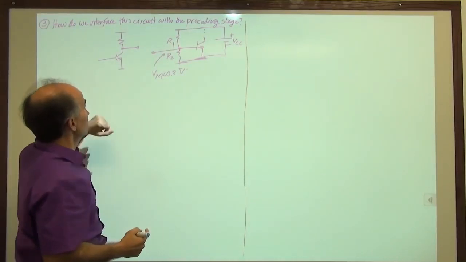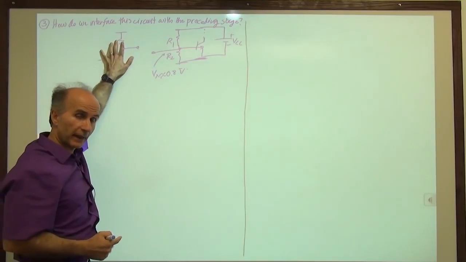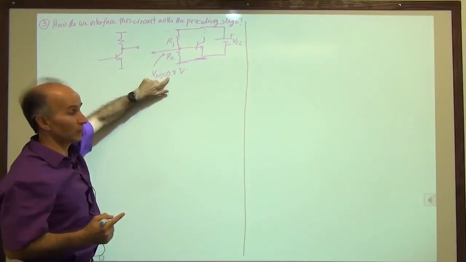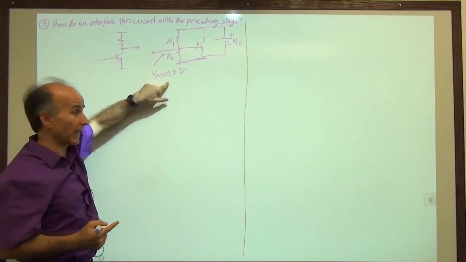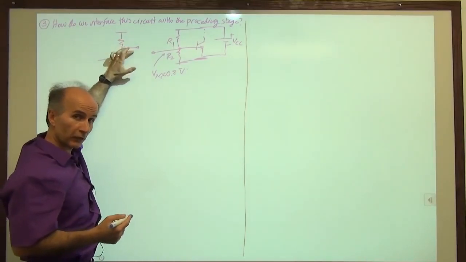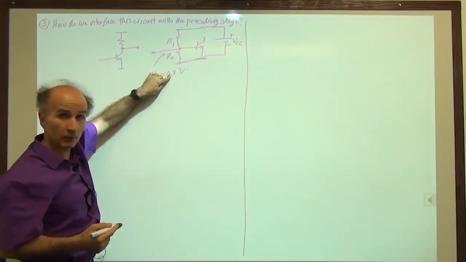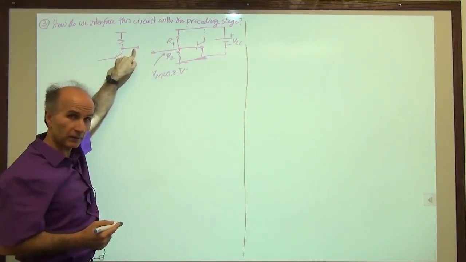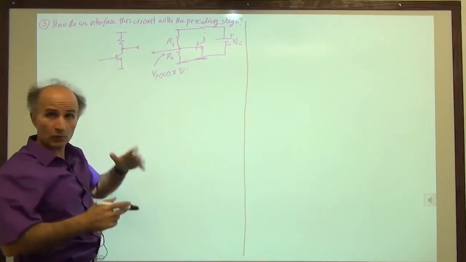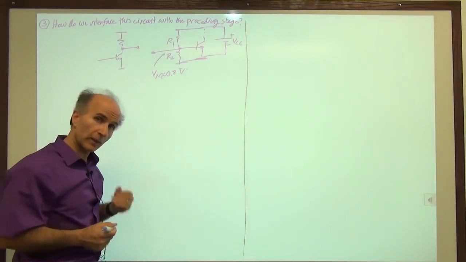Well, yes, provided that before we short them together, the preceding stage is happy with a collector voltage of 0.8 volts. Meaning that this actually has been designed for a collector voltage of 0.8 volts. And this has been designed for an input voltage of 0.8 volts. And we can just connect them together. If we connect them together, then the two stages will work in harmony. There won't be any problems. We're good. So that's one approach.